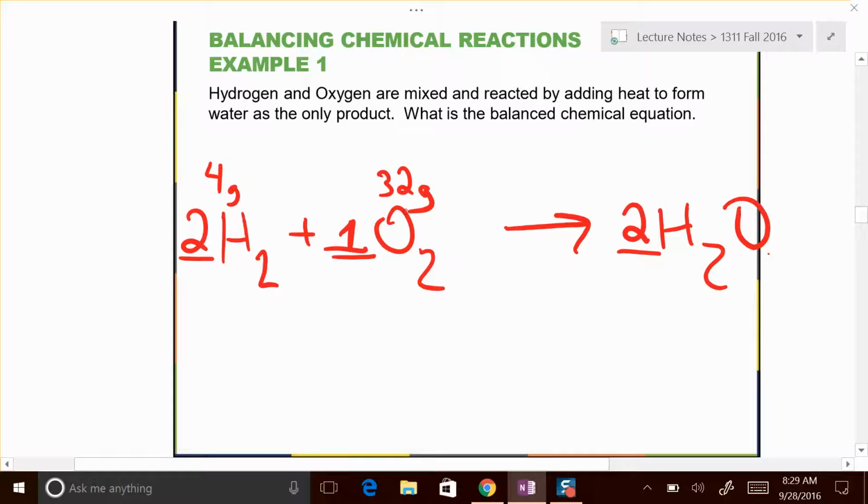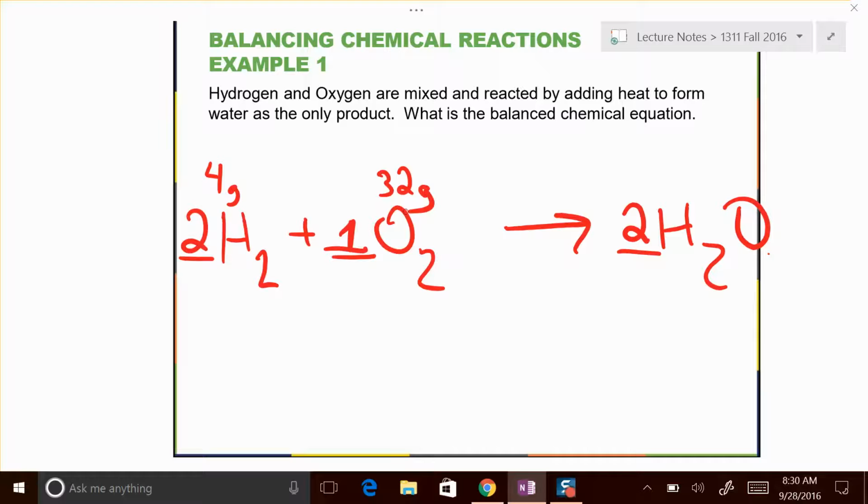Okay? That's the ratio that I need, and it's going to produce 6.022 times 10 to the 23rd times 2 molecules of water. Okay? That's what's happening here. That's what this chemical equation is telling me. It's not telling me the gram amounts. It's telling me the mole amounts.